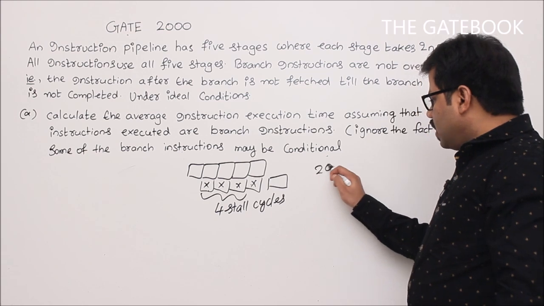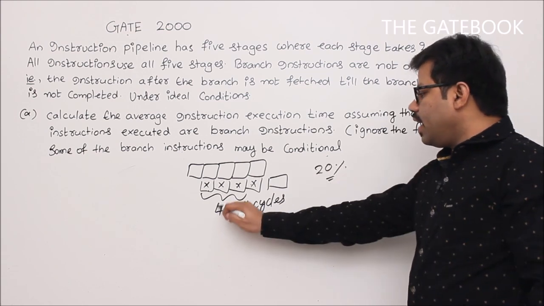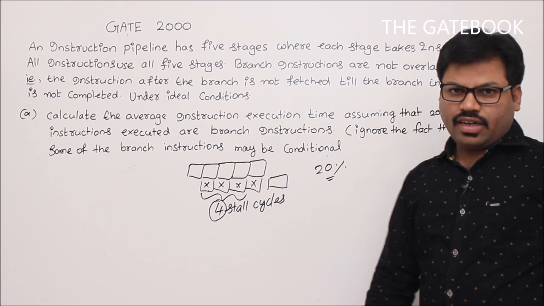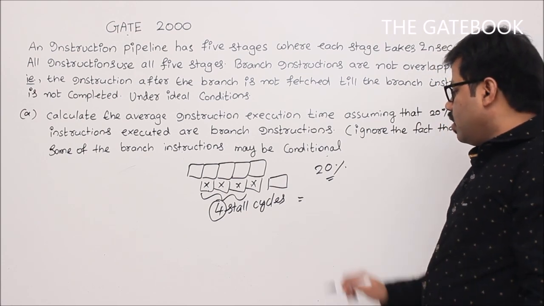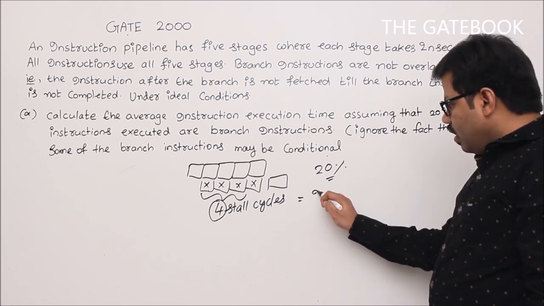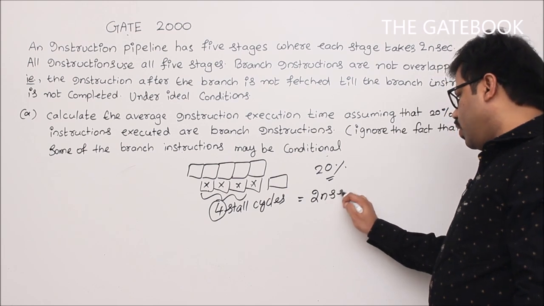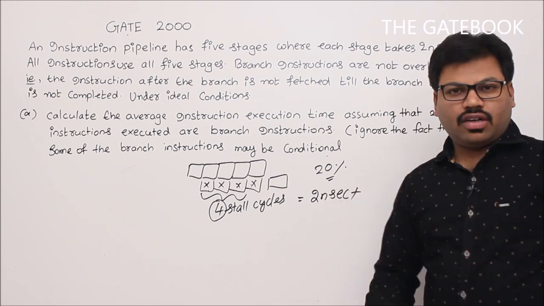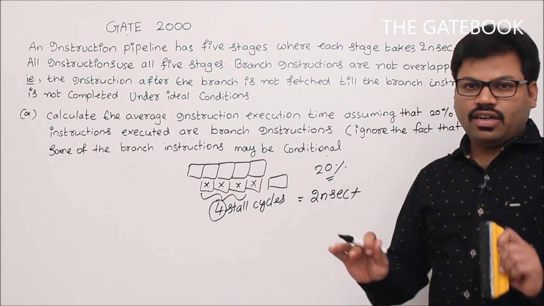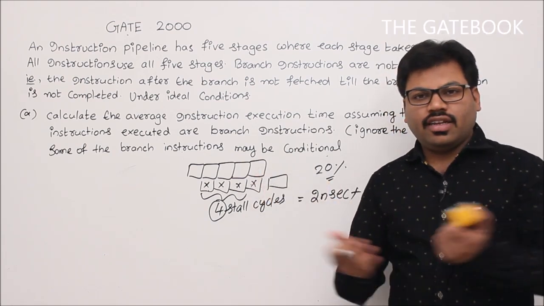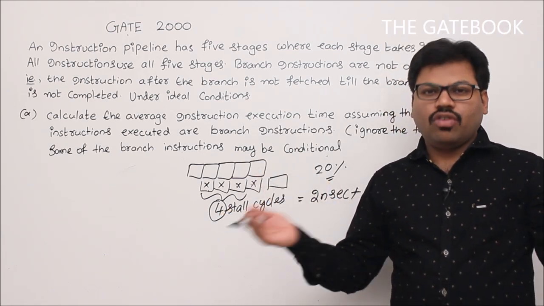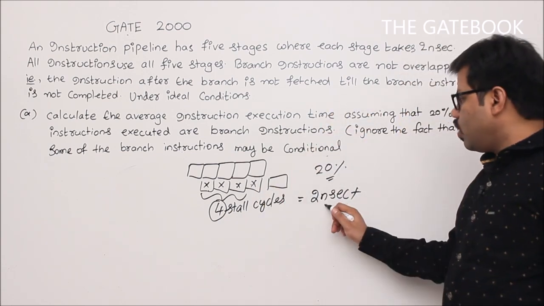There are 20% of such instructions which are creating 4 stall cycles, correct? Generally every instruction requires only 2 nanoseconds if there is no stall cycle, right? If no stall cycles, everything will go full-fledged, full pipelining, then the answer is 2 nanoseconds.